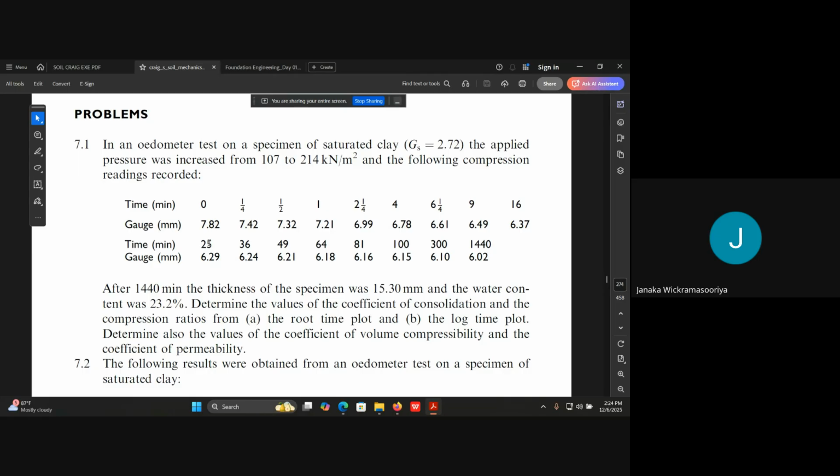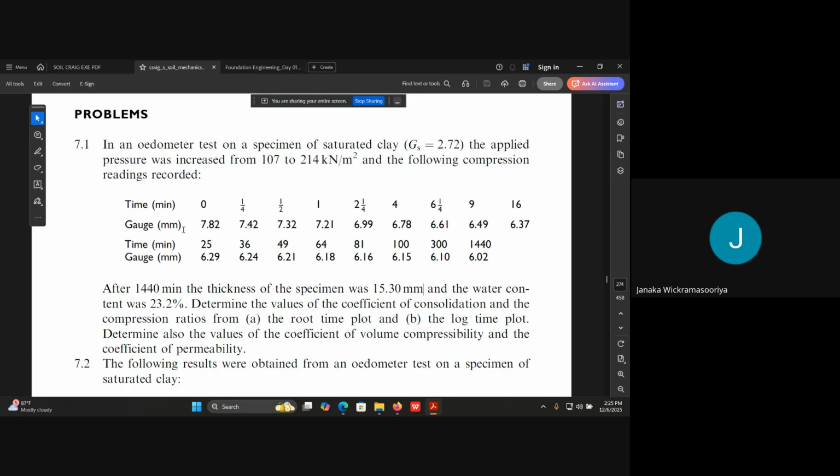Gauge reading is there, the time, and gauge. That means the time from 16, 25, and so on, and the gauge readings are given. So after 1440 minutes, the final thickness of the specimen is given, and the water content was this one. Right? Determine the values of the coefficient of consolidation and the compression ratios.